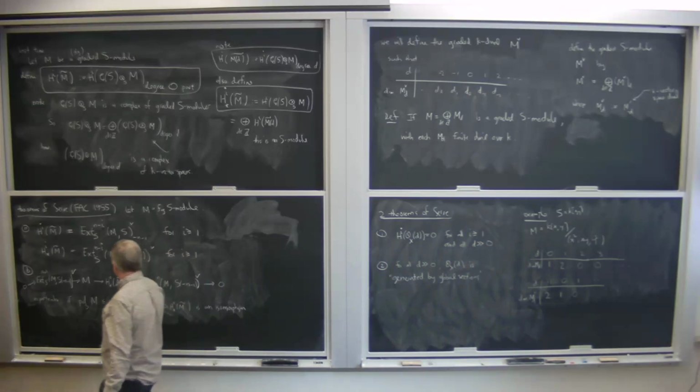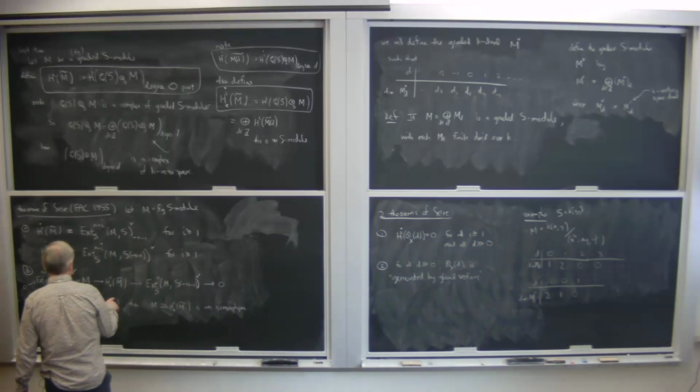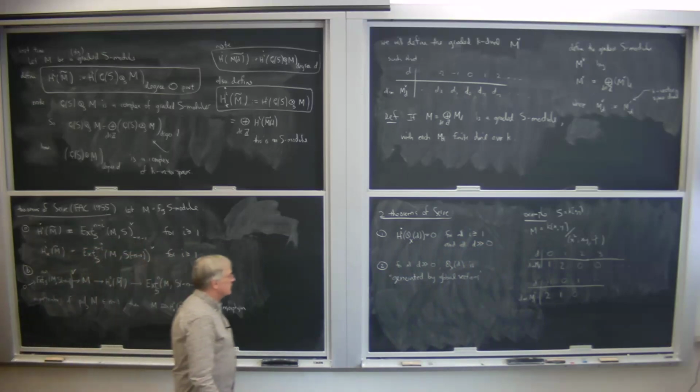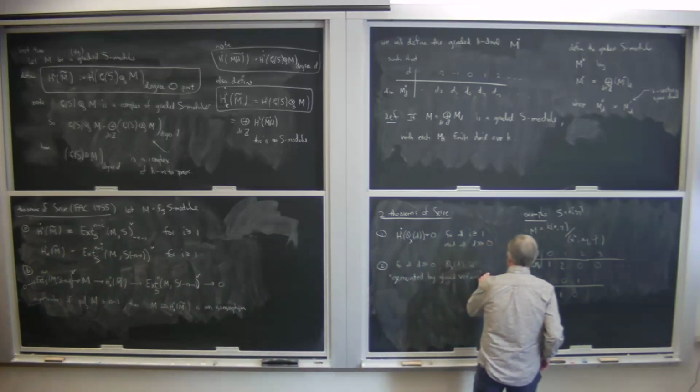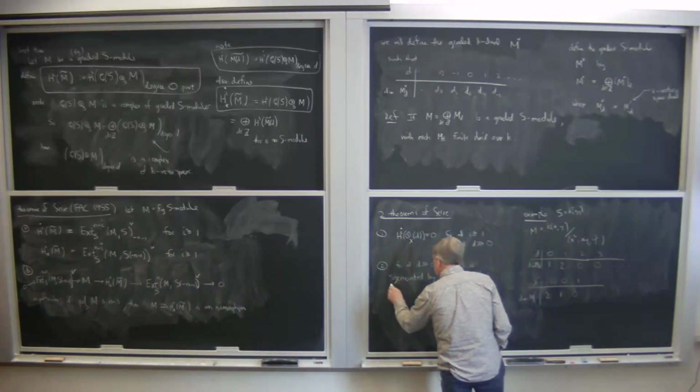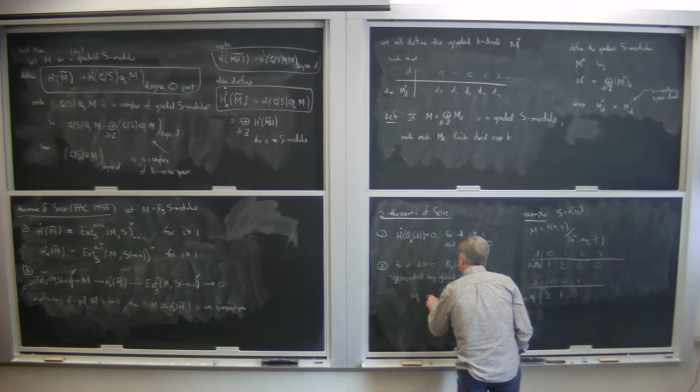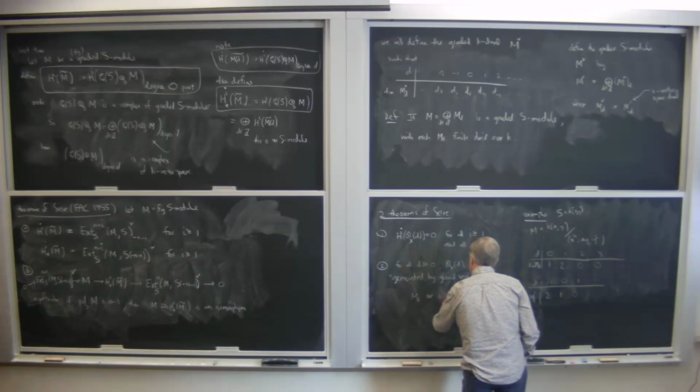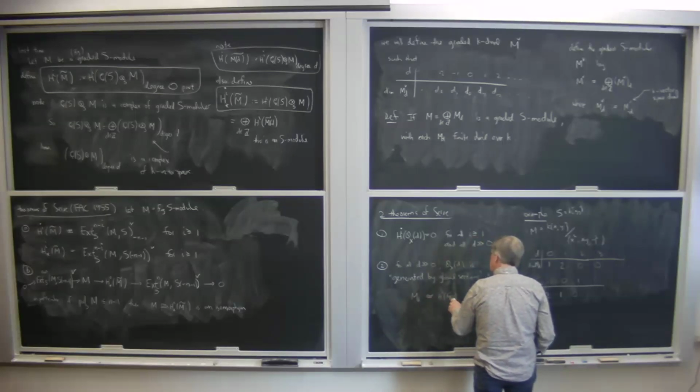Which basically means, well, this is a weird way to write this, but it's the same thing, that M in degree D is isomorphic to H0 of M tilde of D. These are both vector spaces, and these are equal for D sufficiently large.